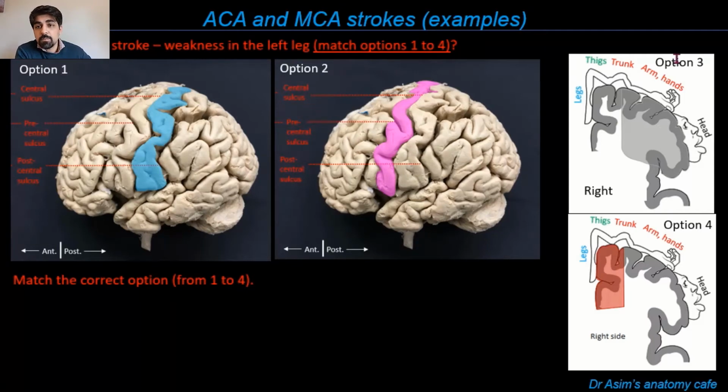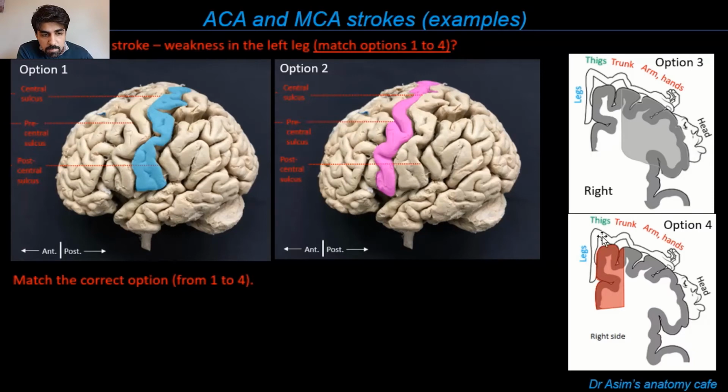Now we have to choose between options 3 and 4, which are both coronal slices, side to side slices, taken through the right cerebral hemisphere. If you look over here, this gray region represents the area of distribution of the middle cerebral artery. This red region here represents the area of distribution of the anterior cerebral artery.